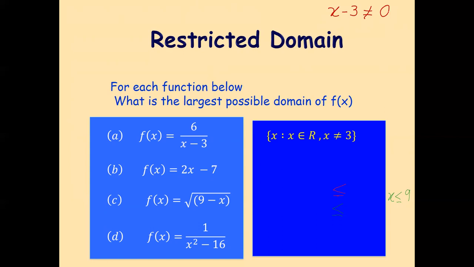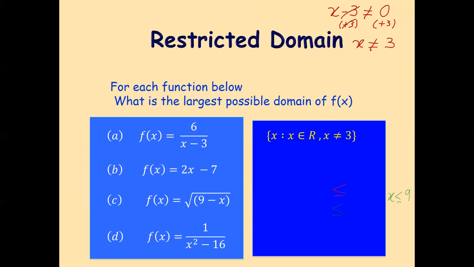Move it to the other side or add 3 to both sides? Same thing. Then you've got x different than 3, which is how you write it here. Okay, so you just solve that equation and decide. My domain is x belonging to all the real numbers, but x is different than 3. That's how you would find your largest possible domain.